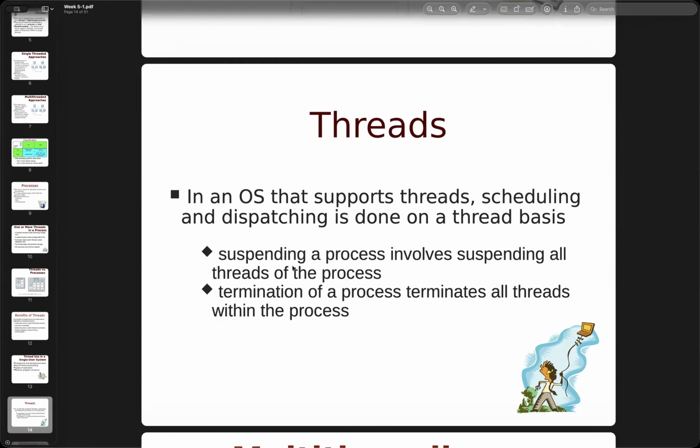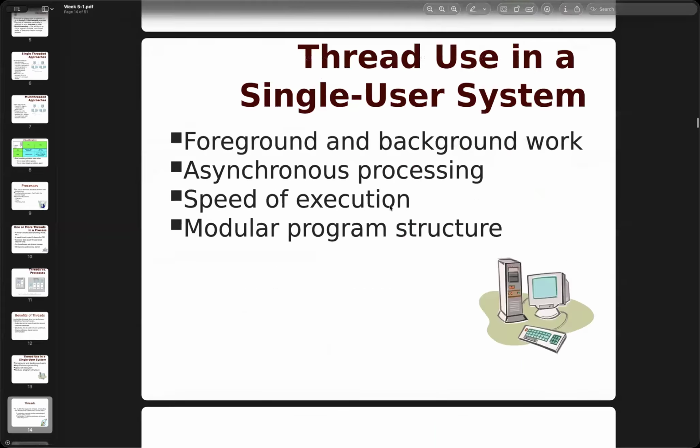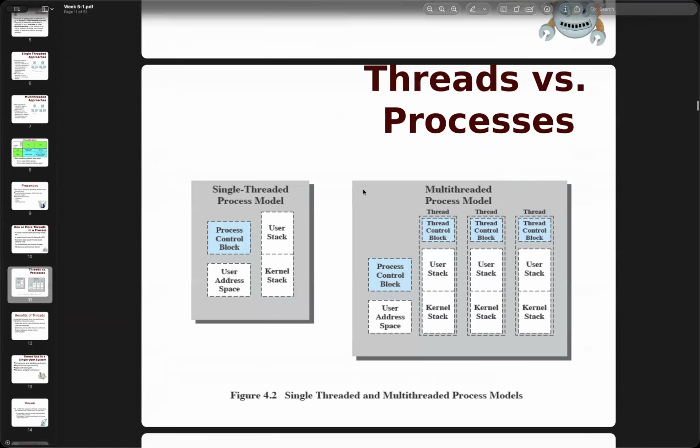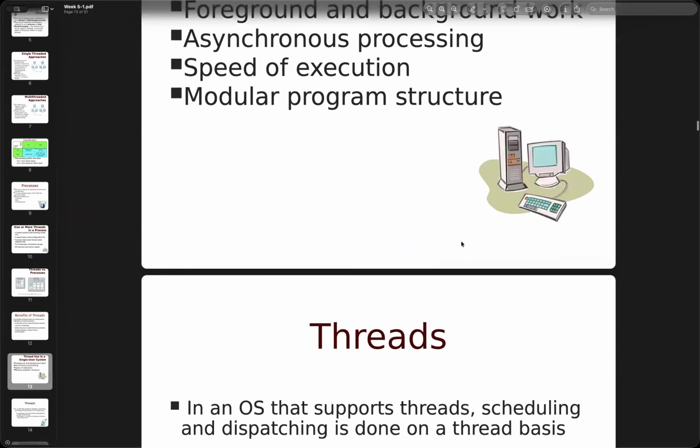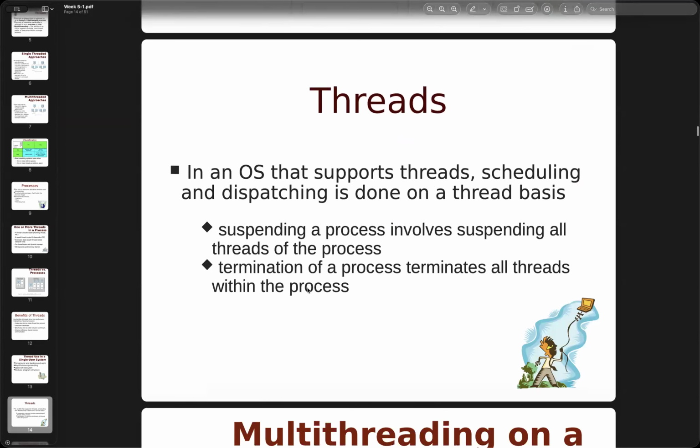Suspending a process involves suspending all the threads of the process. We need to know this characteristic. If we suspend this process, that means we suspend all its threads. So it makes sense, right? And the termination of a process means we terminate all the threads within the process. It's the same idea, because this applies to the states.